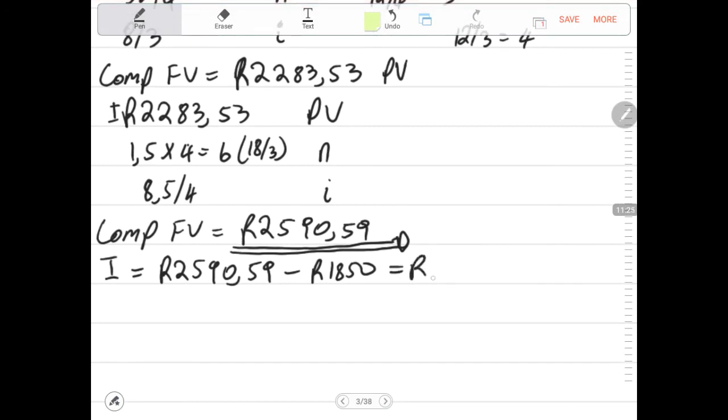That means the interest earned over the period of the investment will be 740 Rand 59 cents. After how long? After 18 months plus 32 months, 50 months divided by 12, 4 years and a couple of months, we get 740.